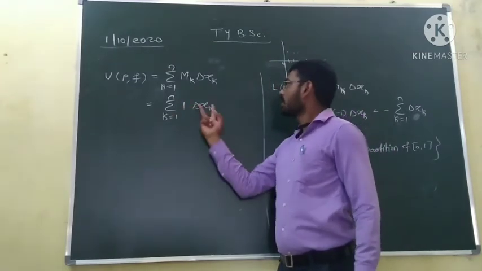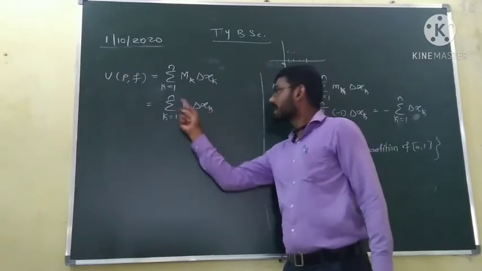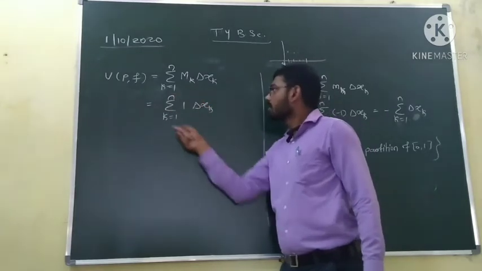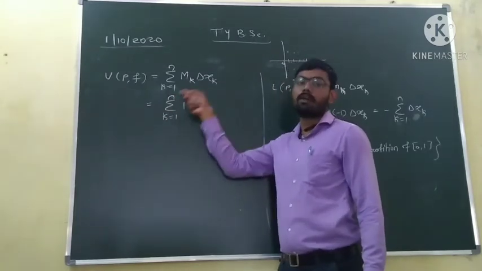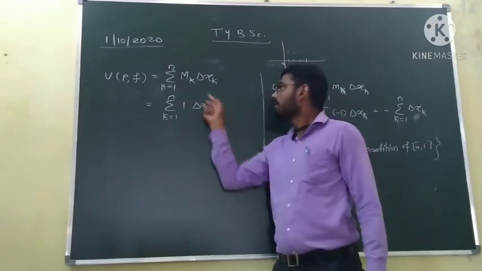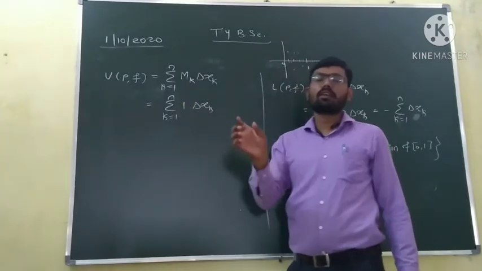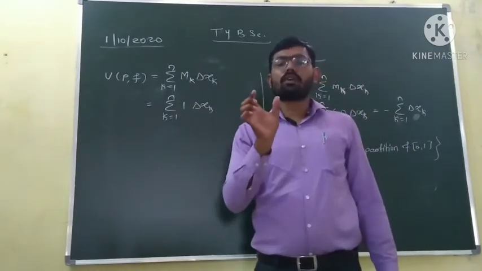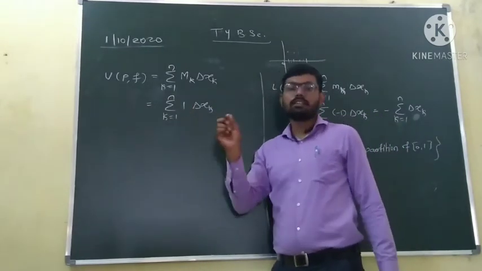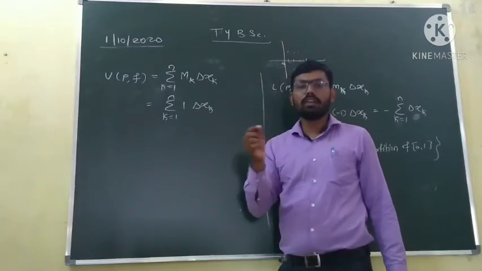So delta x k is the length of the kth subinterval, but here the summation varies over the whole interval. So the sum of the lengths of the subintervals is nothing but the length of the whole interval, and our whole interval is the closed bounded interval 0 to 1. So the sum of the lengths of the subintervals is equal to the length of the original interval, and the length of our interval 0 to 1 is 1.